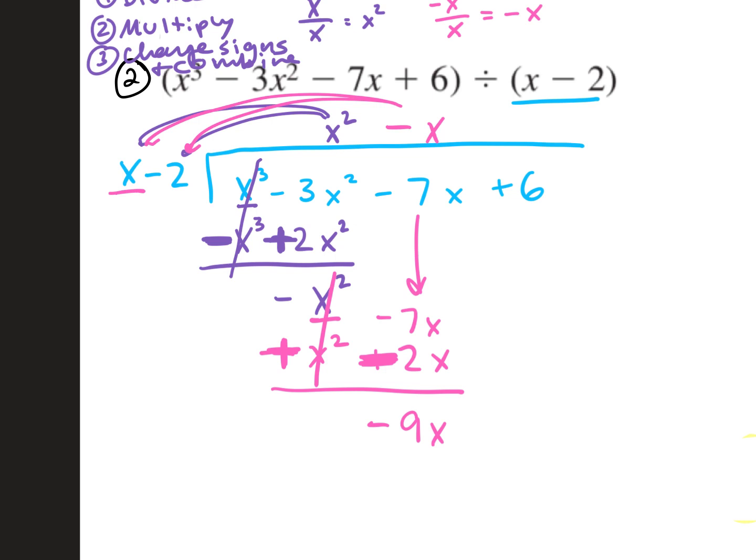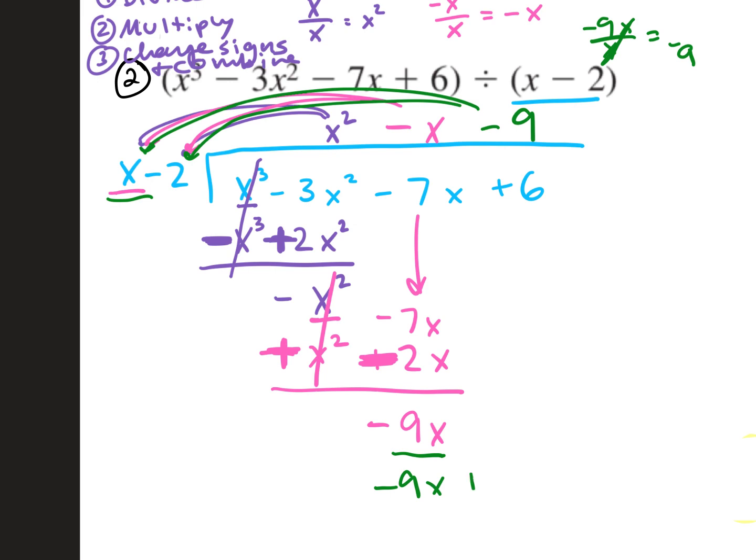We do the same thing again. Divide. We have -9x divided by x. I'm taking away one of the x's, so I'm just left with negative 9. So negative 9 is going to get written on top of my constant term. Negative 9 times x would be negative 9x, and negative 9 times negative 2 would be positive 18.